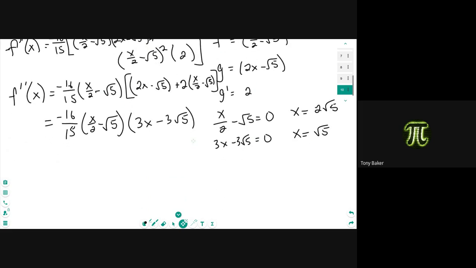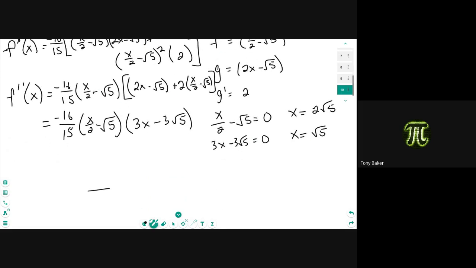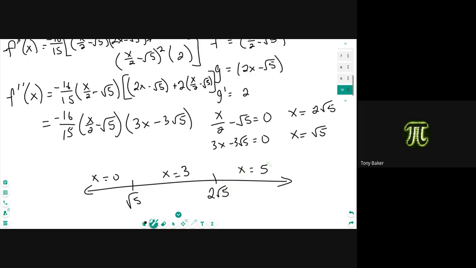So now we need to figure out concavity. So it's concave up, concave down. So 0, 3, 5. It's negative at 0.